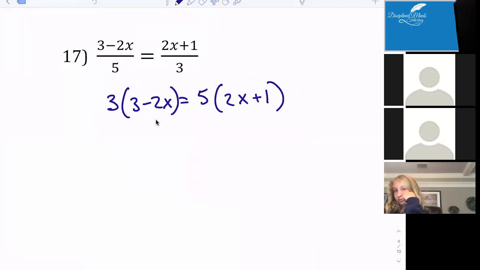Okay, keep going. Then distribute, which would be 9 minus 6x equals 10 plus 5x, right?